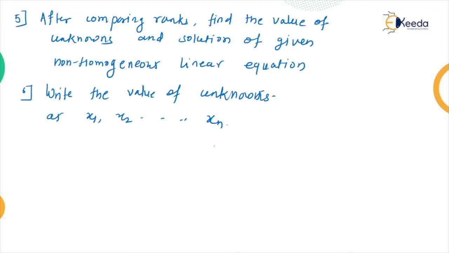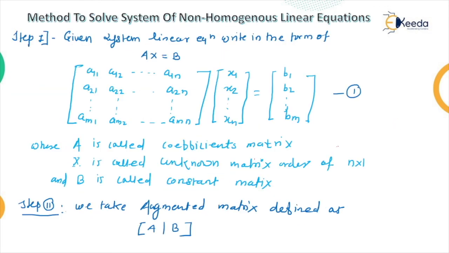Now these are the actual steps of the method for solving non-homogeneous linear equations. In step one, the given equation is written in the form AX = B, where A is the coefficient matrix, X is the unknown matrix of order n into 1, and matrix B is the constant matrix, also of order n into 1.